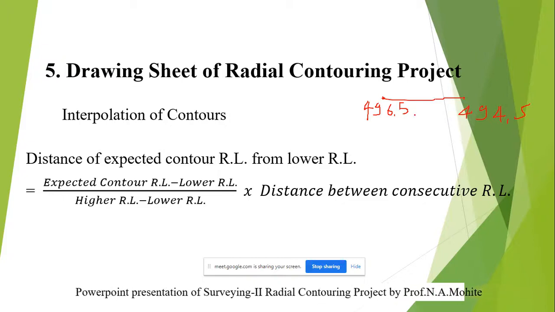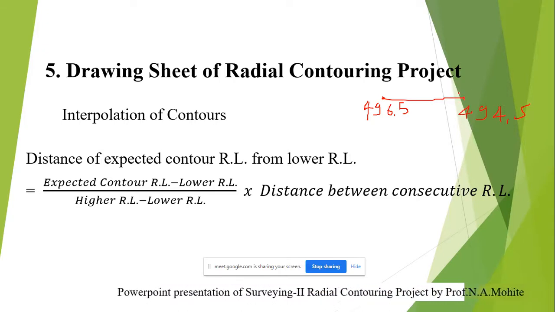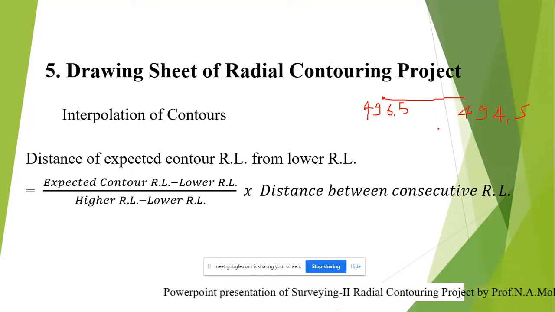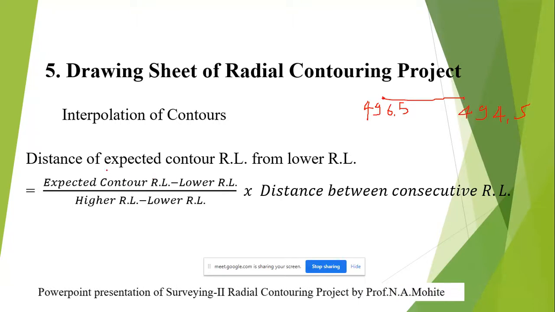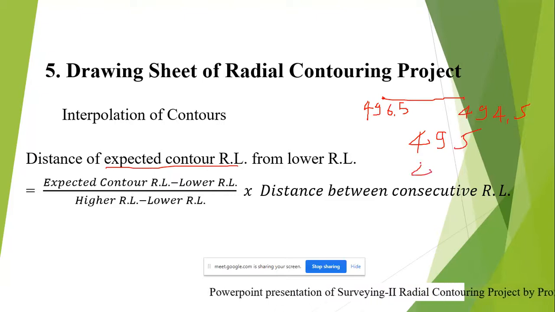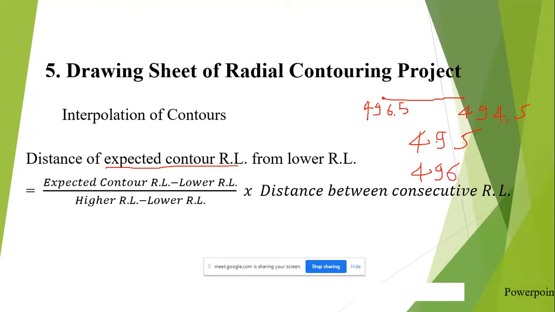In between this I'm supposed to pass the contour RLs. These are the RLs on the ground, and correspondingly I'm supposed to pass the contour lines of the ground. These are the RLs which have been calculated and written on the drawing sheet. In between this I can pass the contour, that is, expected contour RL will be 495, that is a rounded figure, then 496 also I can pass.